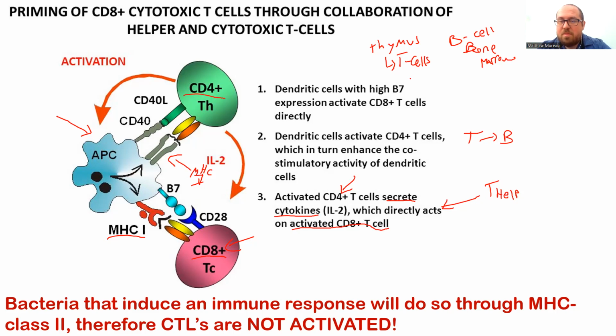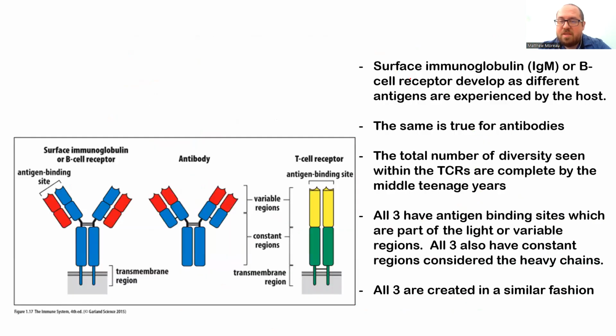And those molecules are known as the T cell receptor and the B cell receptor, which is going to give rise to what B cells secrete as antibodies. So this is what an antibody or B cell receptor looks like here. And this is a T cell receptor.